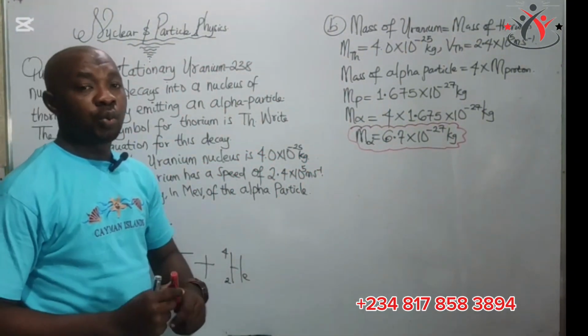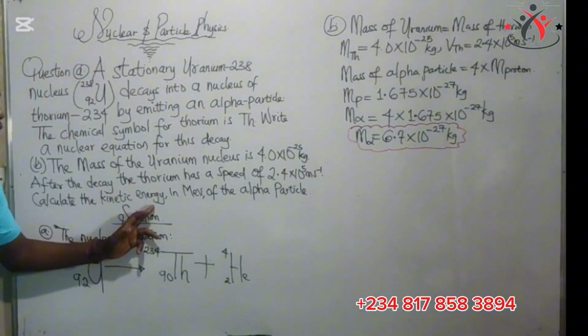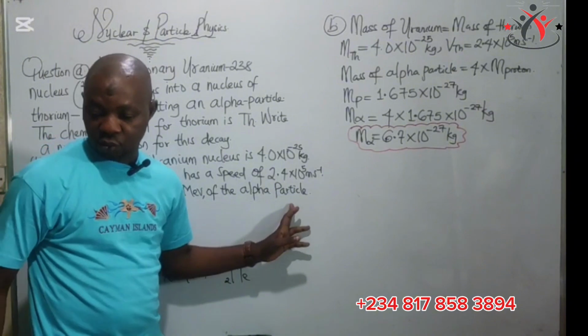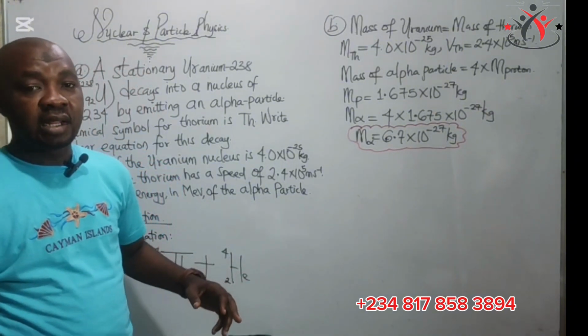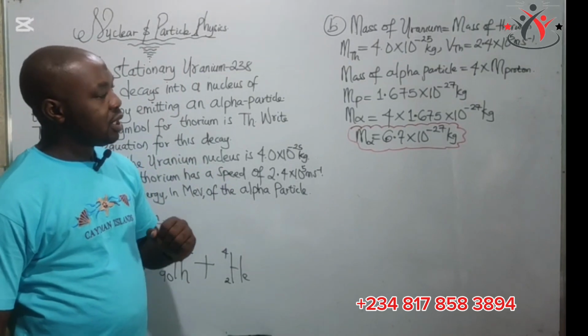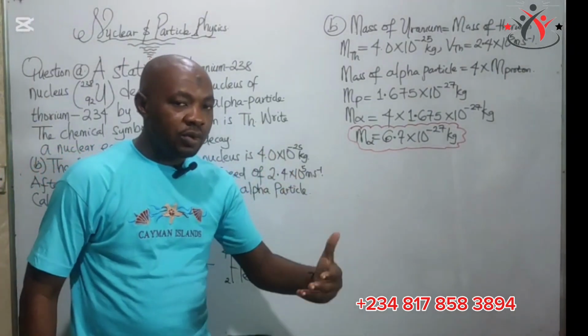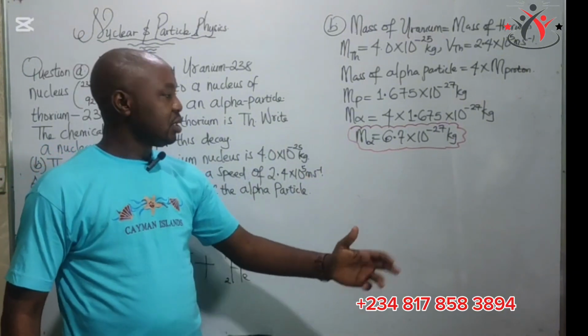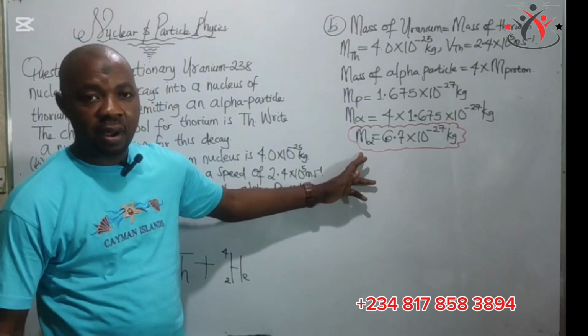Now, don't forget, we want to calculate the kinetic energy in mega electron volts of the alpha particle. To calculate kinetic energy, we need mass and velocity. Now we have the mass of the alpha particle.